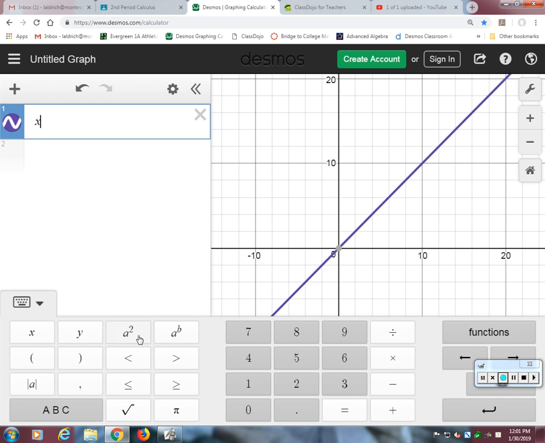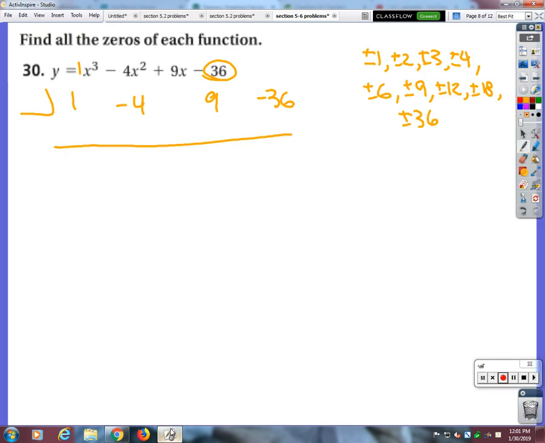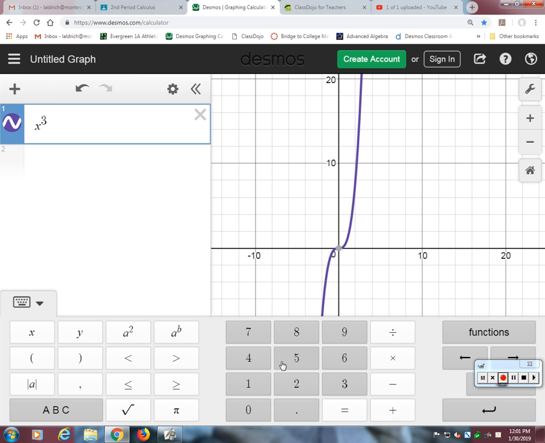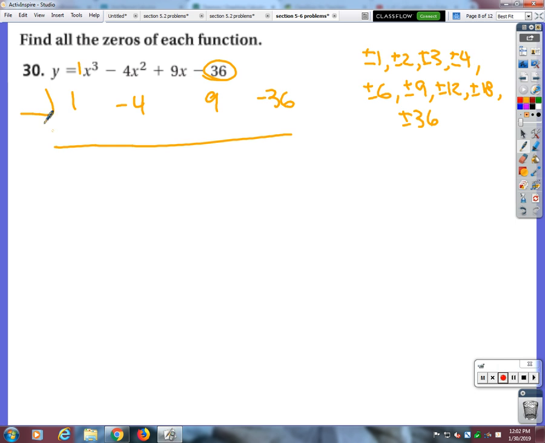If we look at the graph of the function, so if I graph x cubed minus 4x squared, okay, if I look at this graph, where are the zeros of that function? Where it crosses the x-axis. So if I click on that, what is an answer that's going to work? 4. Okay, so now I have my first one is 4.